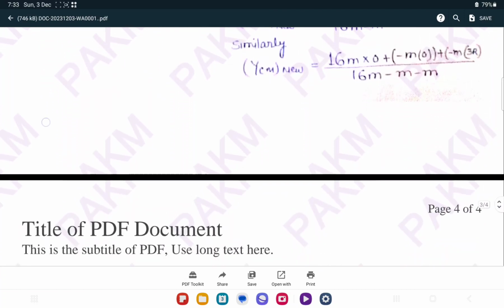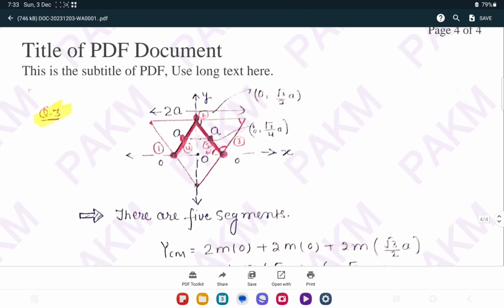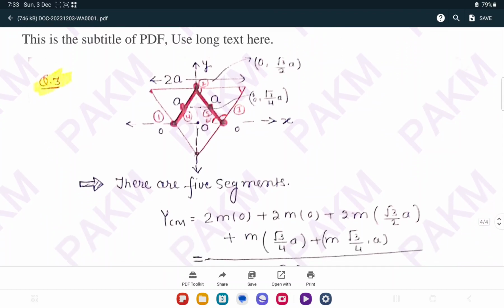Now this once again is a frame based problem. This problem requires geometry. If you are very good in geometry, how many shapes are there? 1, 2, 3, 4, 5. These are the different shapes. Once they get combined, you have to calculate the center of mass of it.